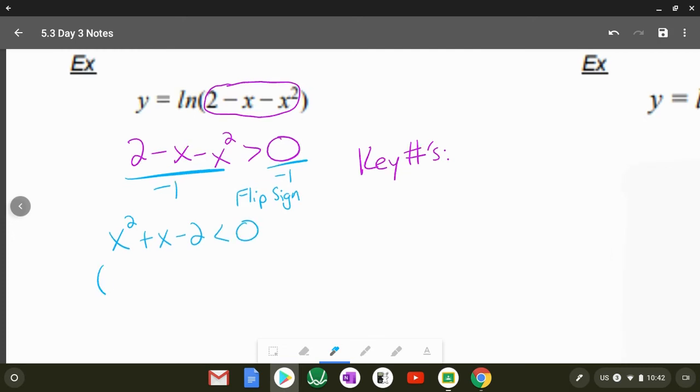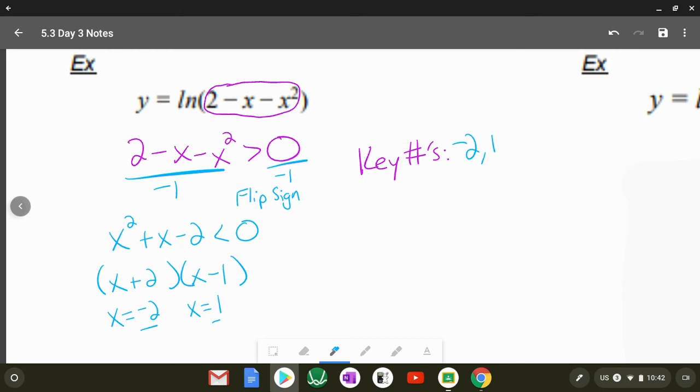So now that I have that, I can factor: x plus 2, x minus 1; x equals -2, x equals 1. And again, it is an inequality, so those are not our solutions. We have intervals we got to work with, but these are our key numbers. So thinking back to earlier this semester, what do we do with our key numbers?